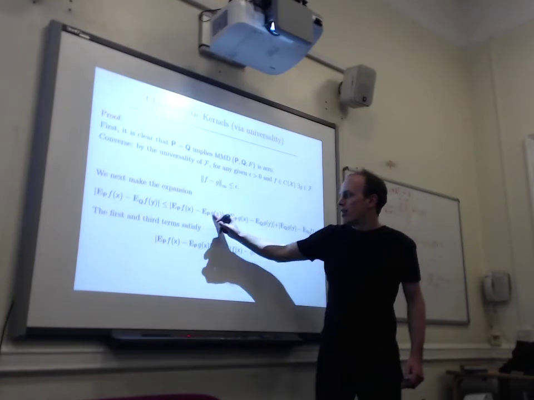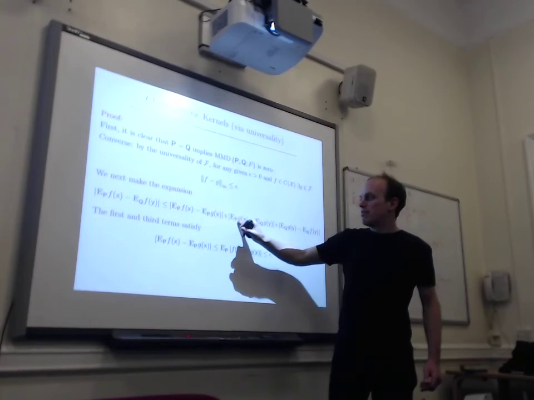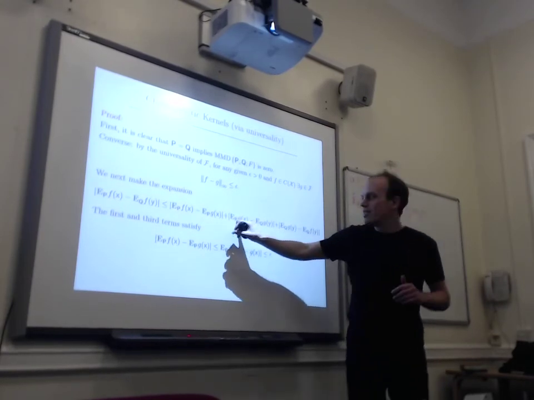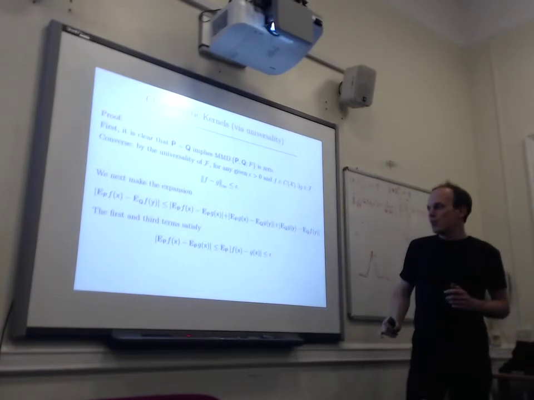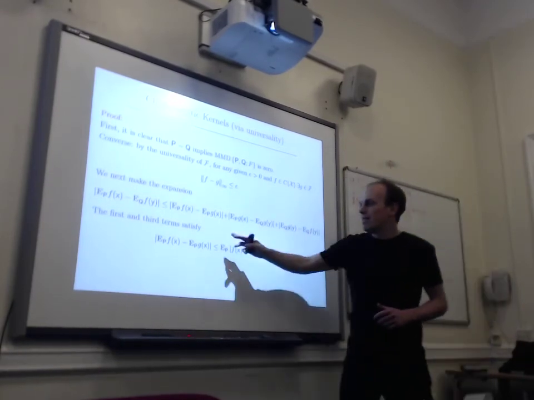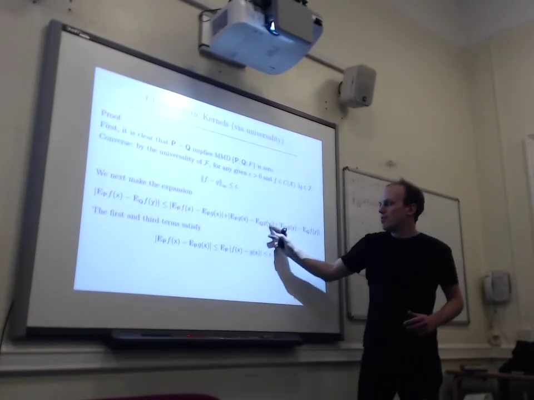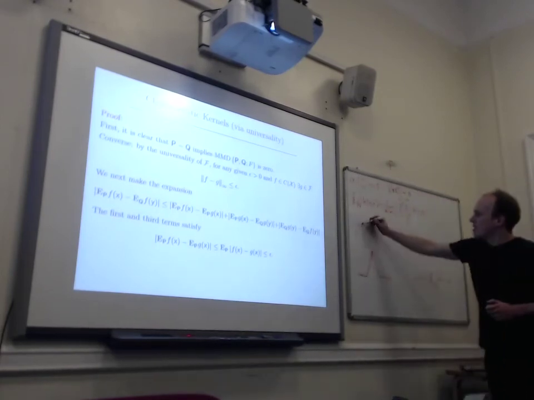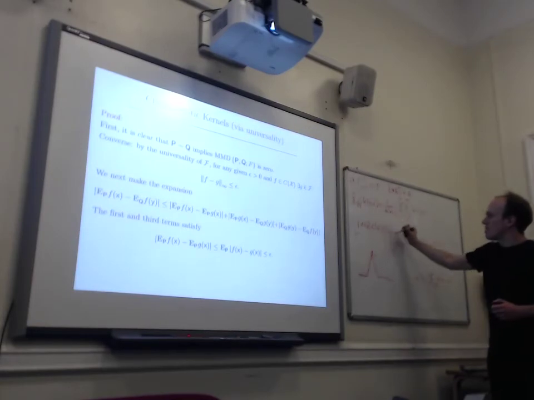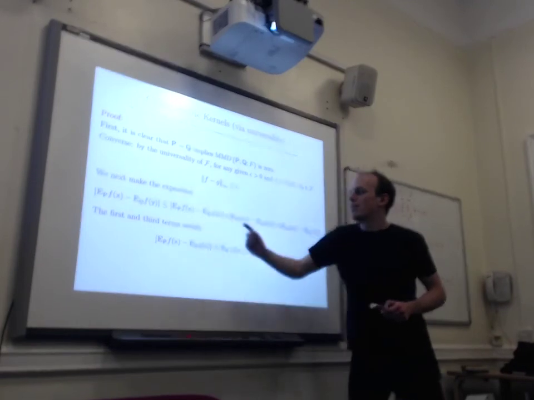So I'm adding and subtracting the expectation under p of this nice function, and the expectation under q of that nice function, and then I'm doing an upper bound by splitting these absolute value terms into the sum of a whole bunch of terms. This is just using the result that absolute value of a plus b is less than or equal to absolute a plus absolute b. So that's the result that I'm using to make this upper bound here. Okay.